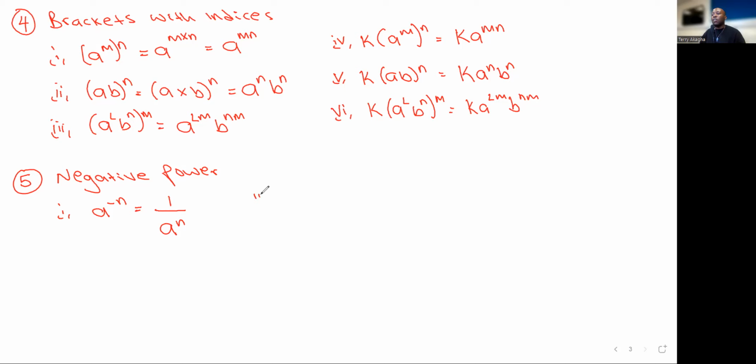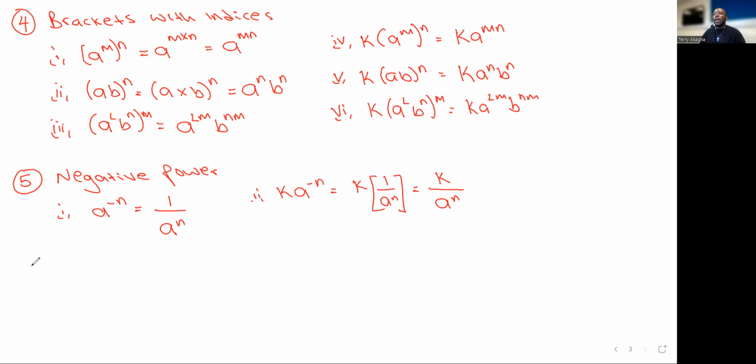And if you have a constant, so you have k a raised to the power minus n, it's the same thing as saying k multiplied by 1 over a raised to the power n. Therefore, the answer is k over a raised to the power n. And that is number 5.